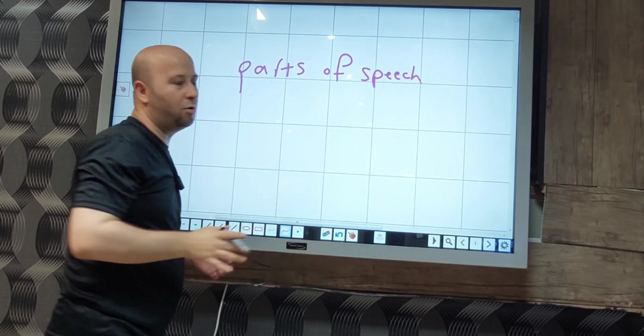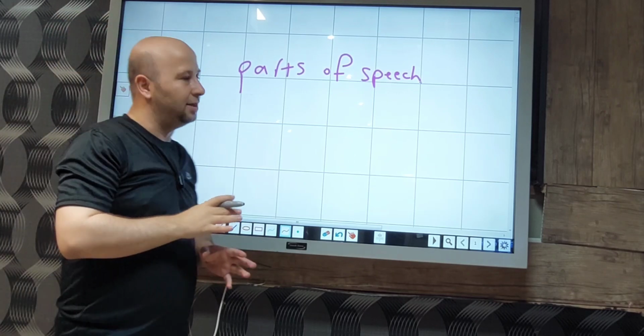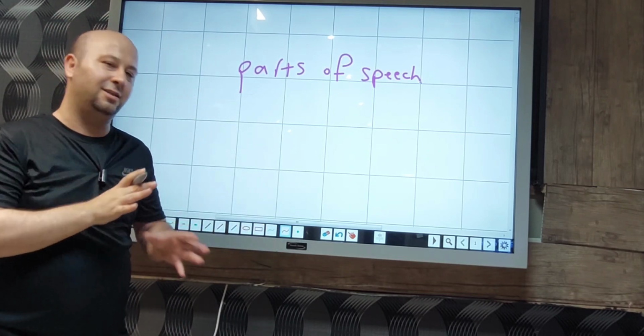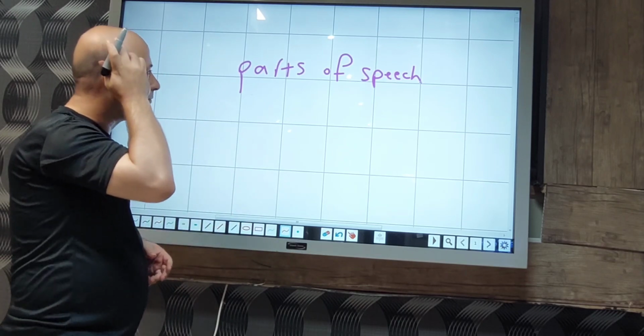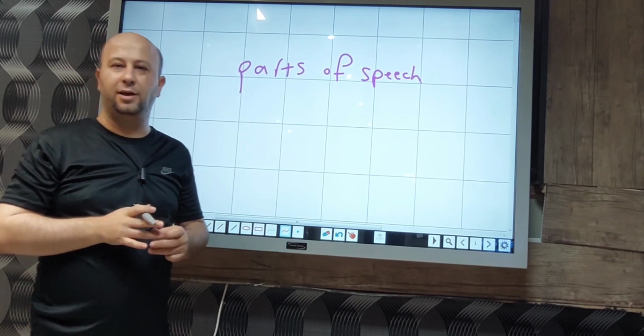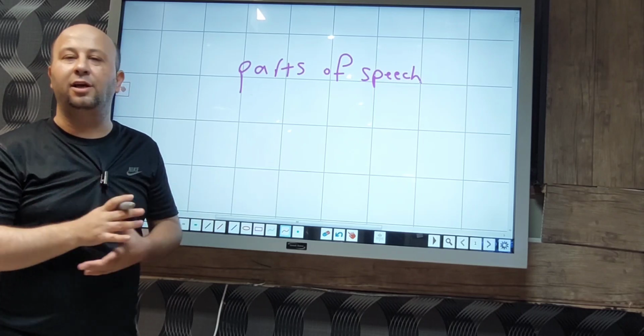You have to really cover this. You have to know exactly what parts are considered what, what word is what. We have different kinds of words in English.